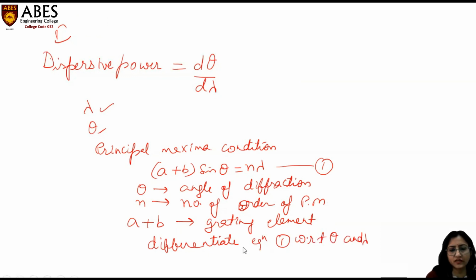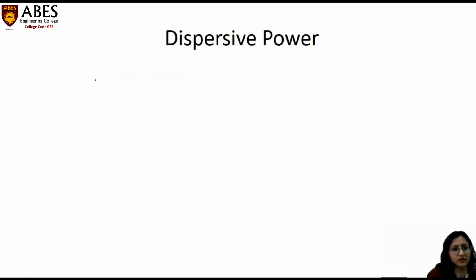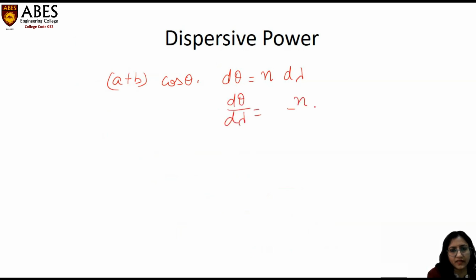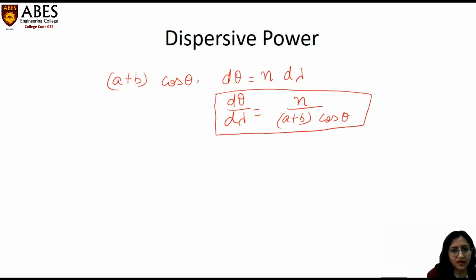Since a plus b is constant, sine theta is converted into cos theta d theta, and n is constant, and lambda becomes d lambda. If we rearrange this equation, d theta by d lambda can be written as n divided by (a plus b) cos theta. So this is the expression for dispersive power of a grating.